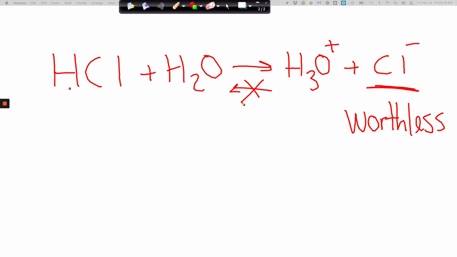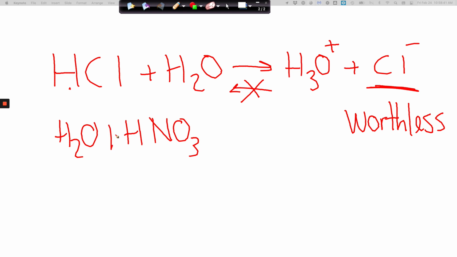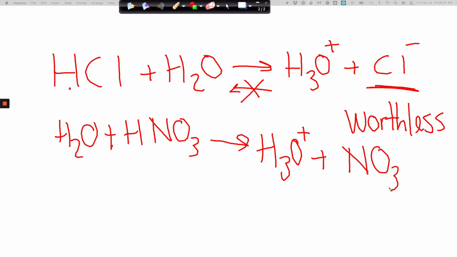Guess what? That is true for all strong acid conjugates. Guys, HNO3, nitric acid, it reacts with water. What does it form? Hydronium ion and nitrate ion. What do you now know about nitrate's ability to function as a base? Worthless. How do we know that it's worthless?